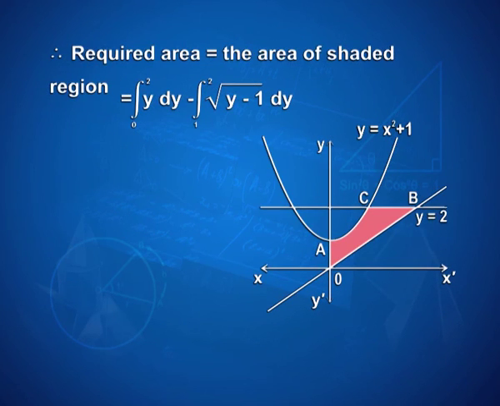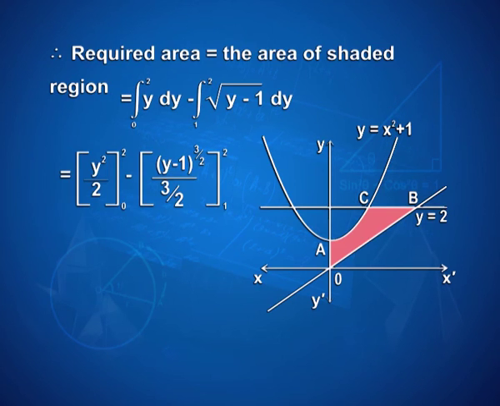Therefore, the required area is equal to the area of the shaded region, that is equal to integral 0 to 2 y dy minus integral 1 to 2 square root of y minus 1 dy, that is equal to y square upon 2 with limits 0 and 2 minus (y minus 1) power 3 upon 2 divided by 3 upon 2 with limits 1 and 2.